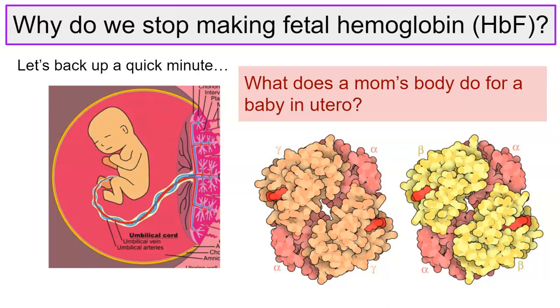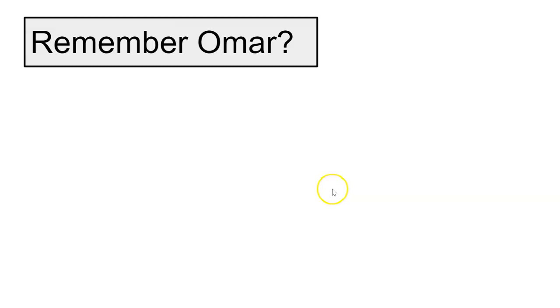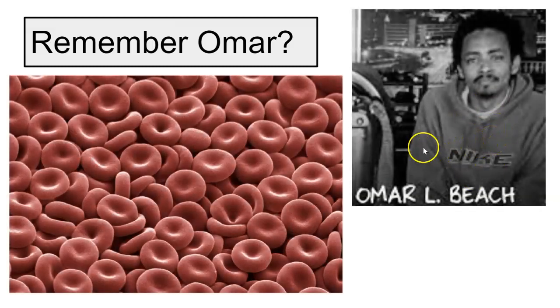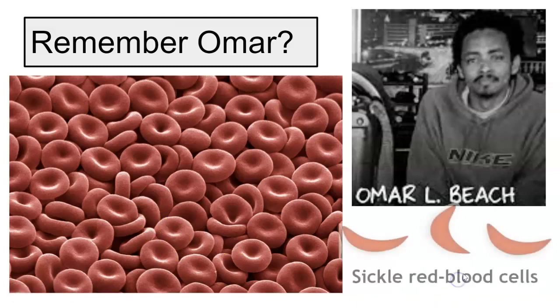But once you're born, we don't need that anymore. Remember Omar, our man? When he was in utero, he made all these perfect, beautiful little red blood cells, and carried oxygen just fine with the fetal hemoglobin. But when he was born, he had that one nucleotide change and started producing these sickle red blood cells.